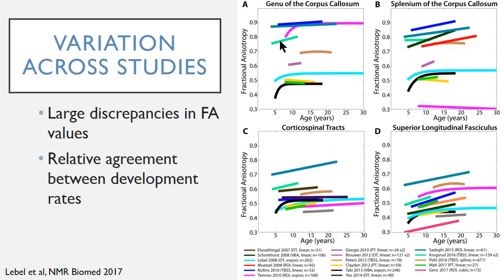There's a few studies here that have relatively flat appearing curves or slight decreases here. These were not significant, but it's still the best fit here with a little bit of decreasing. Whereas pretty universally, the SLF is going up, suggesting that this is a later developing region than the corpus callosum.